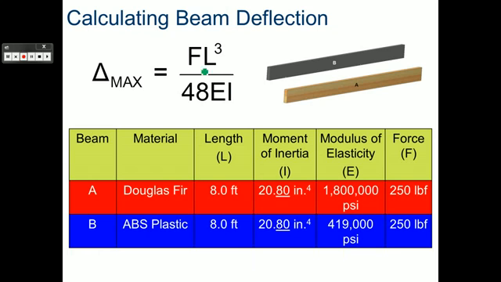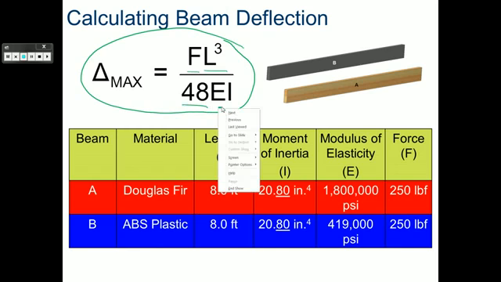So to find the beam deflection, or how far it's going to move, I have a formula. It's my force times my length to the third power. Only the length is being raised to the third power. That's being divided by the number 48 times my modulus of elasticity and my I, or my moment of inertia.